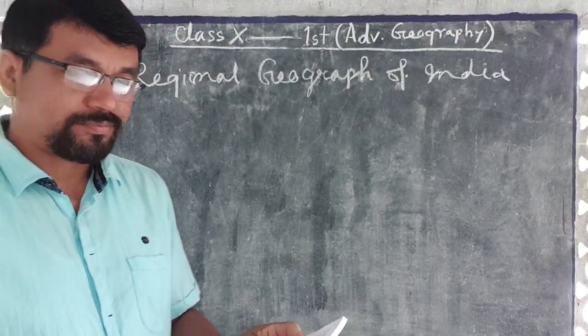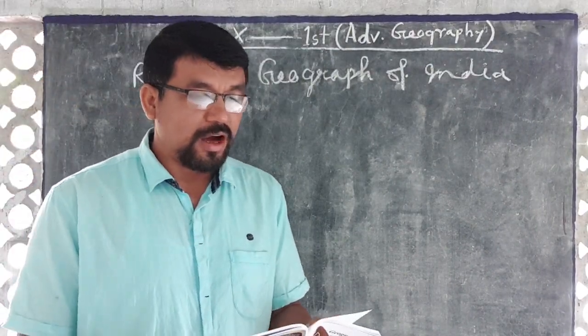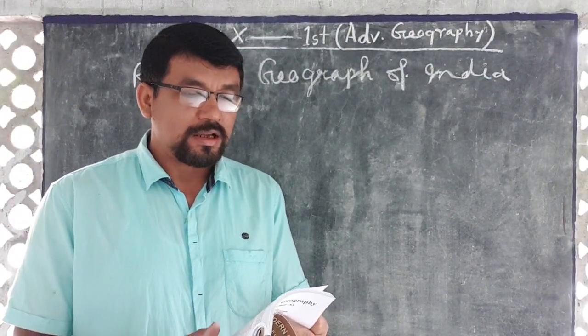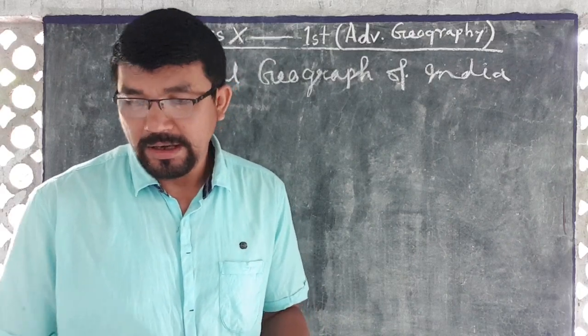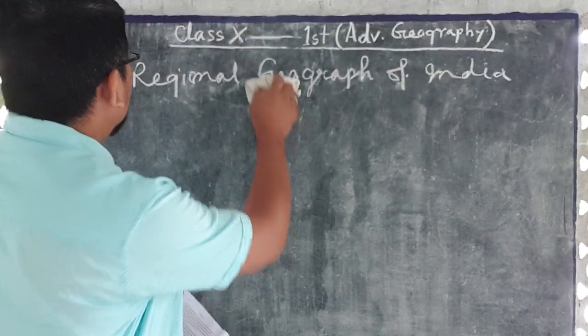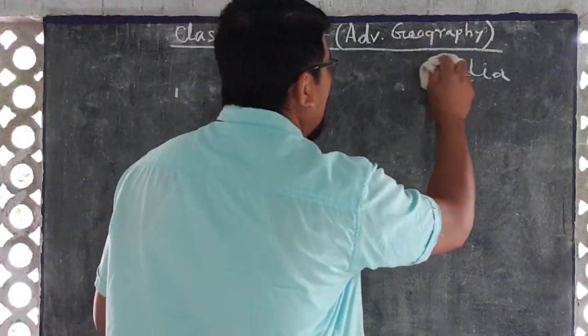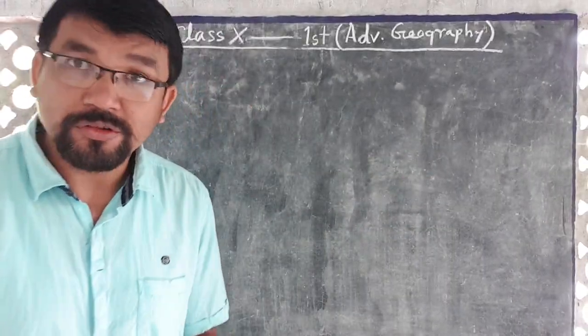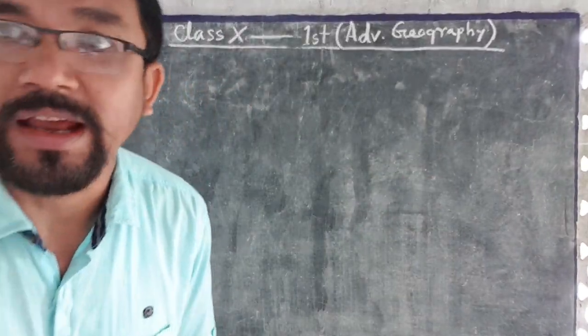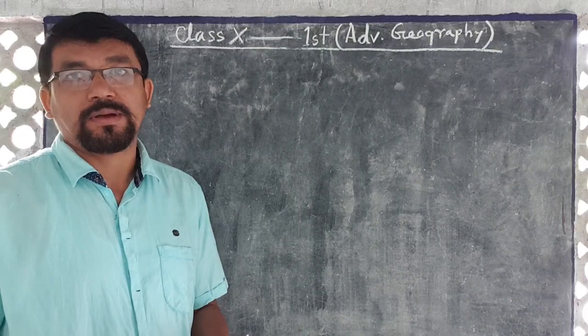Next, I will discuss the location of India. For that, I just draw an outline of the Indian map. It is not a full map, just an outline of the Indian map.